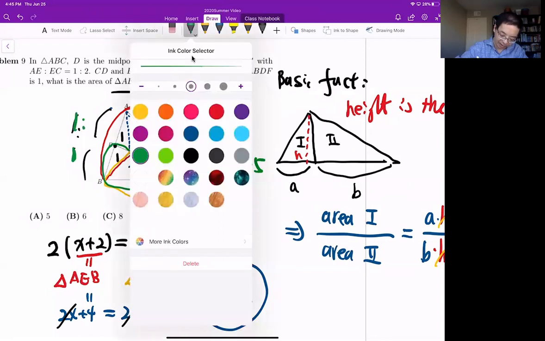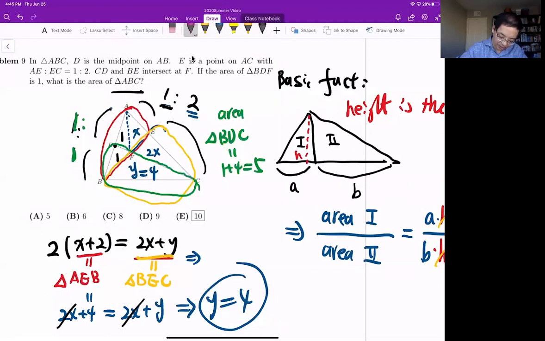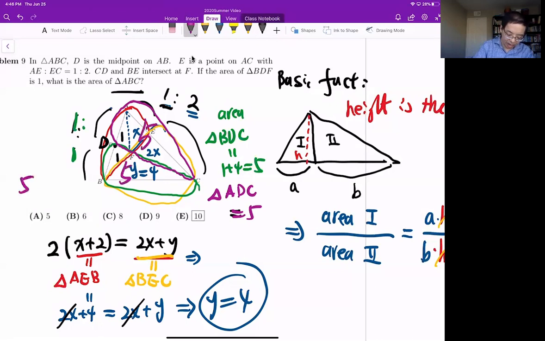So that means the other one, which is the triangle ADC, angle ADC, this is also equal to 5 because the ratio is 1, 1. All right, so this is 5, and this is 5, so it's 5 plus 5, which is 10.